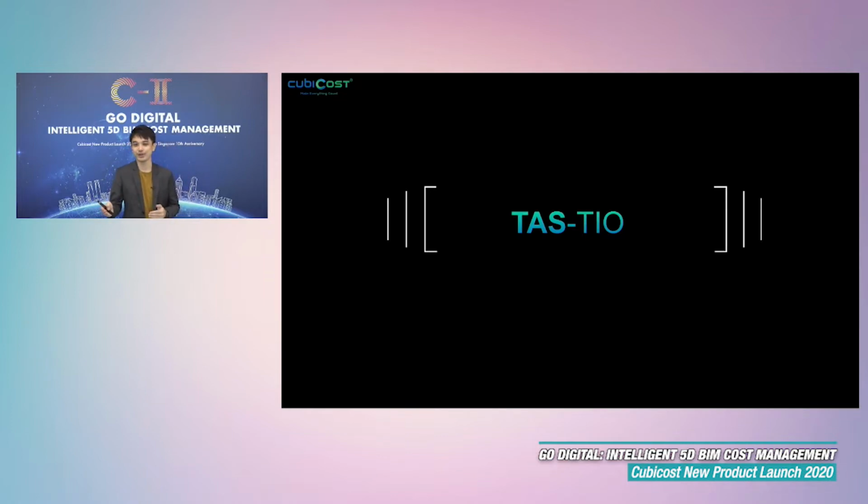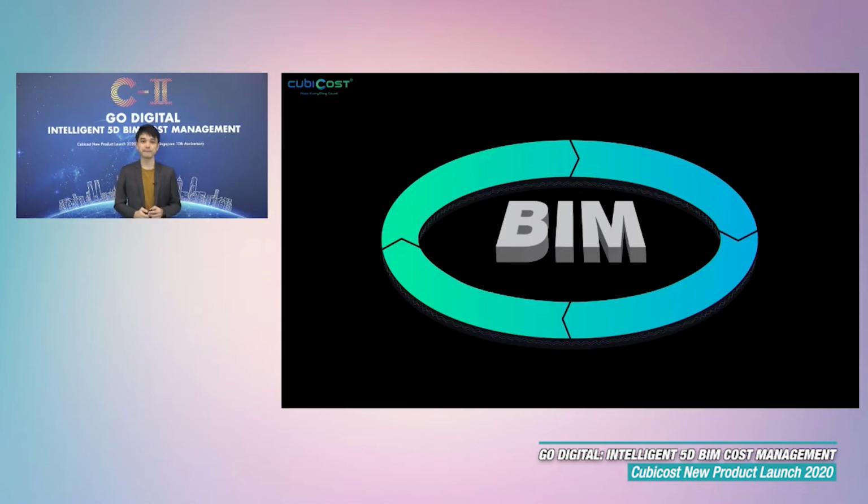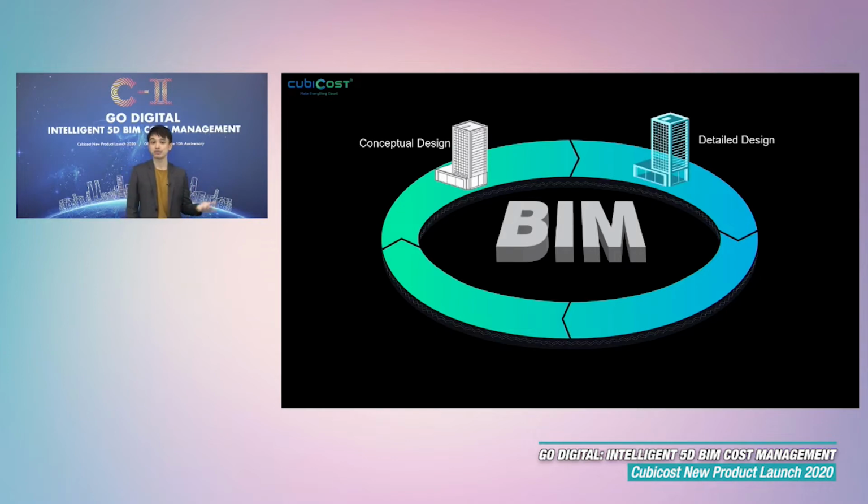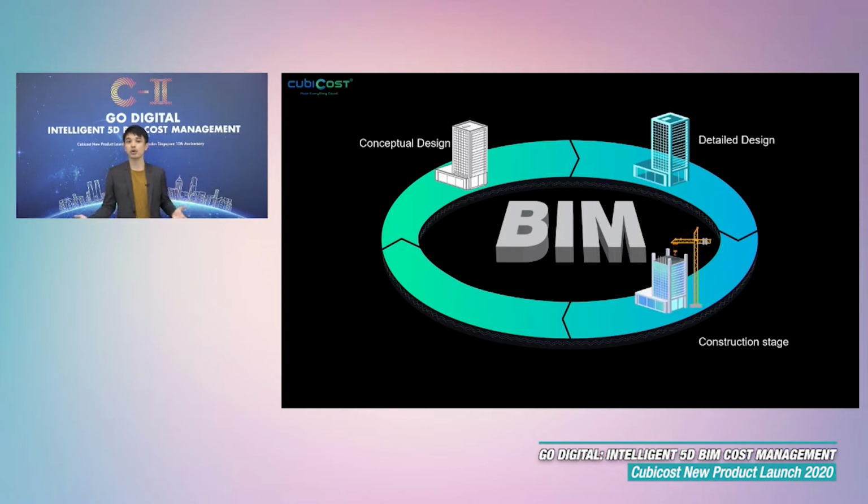Before we proceed further in TIO, let us give you a brief on the application of BIM in the construction industry first. As we all know, BIM technology is a 3D technology used across the full life cycle of the building development process, from conceptual design, detailed design, construction stage, to operation stage.